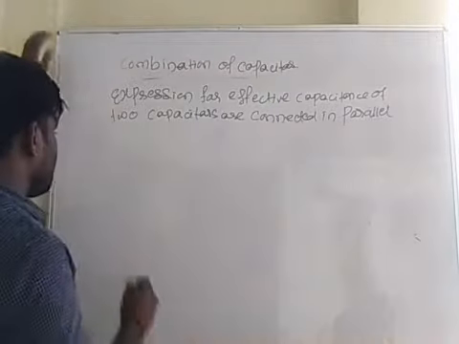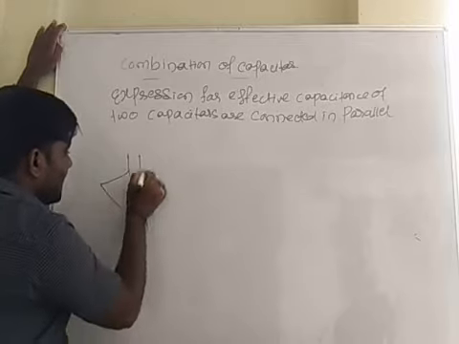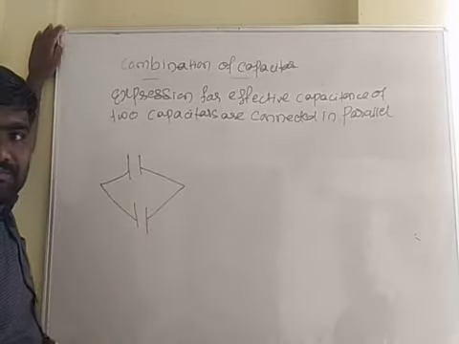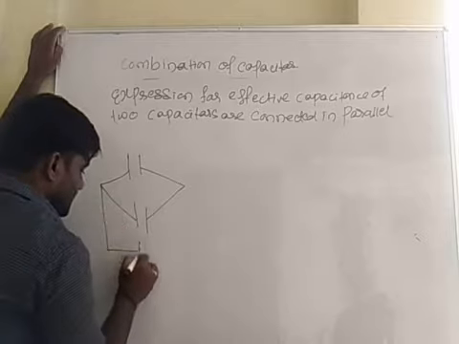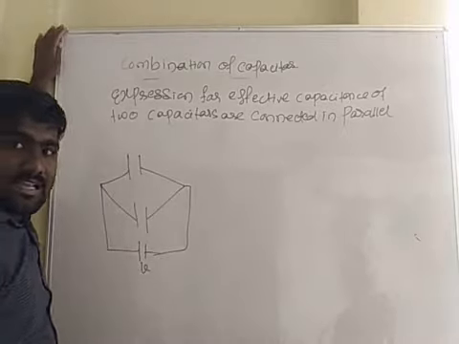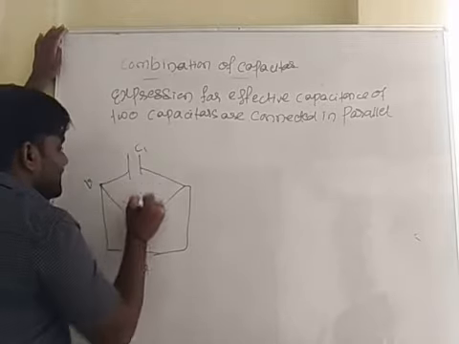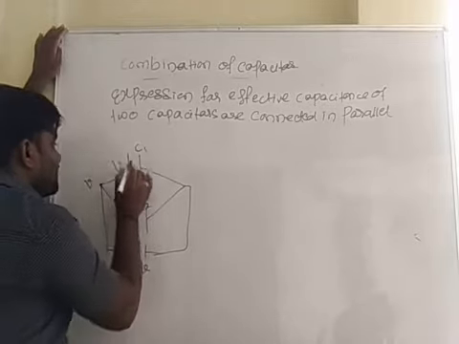See, I am taking 2 capacitors connected in parallel. Along with this, let us consider the potential is V. When the potential comes over here, it will be C1 and C2, and the potential will be the same.